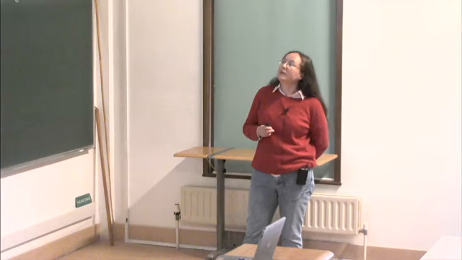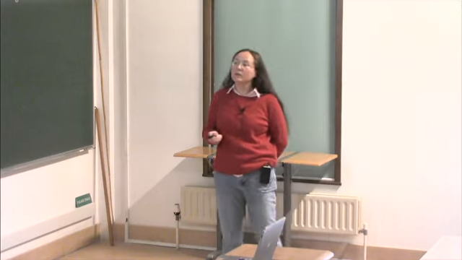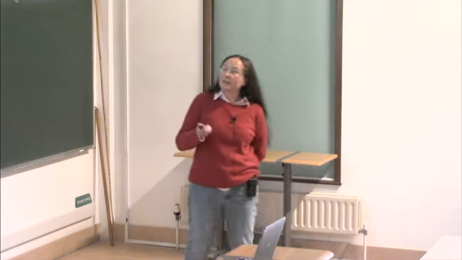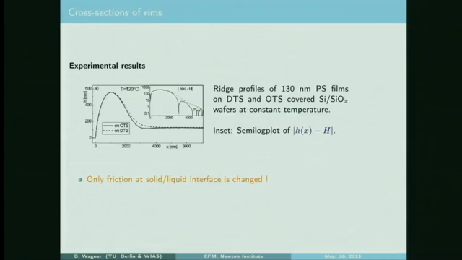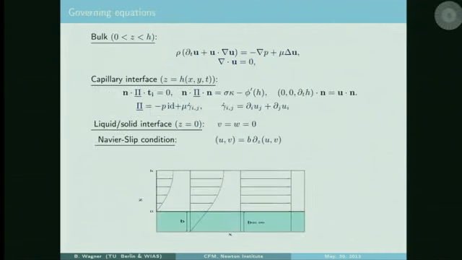For one thing, since nothing else changed, only the layer, it can only be friction at the solid-liquid interface that will effect this transition from oscillatory to monotonic decay. So this is when we started looking at a model.